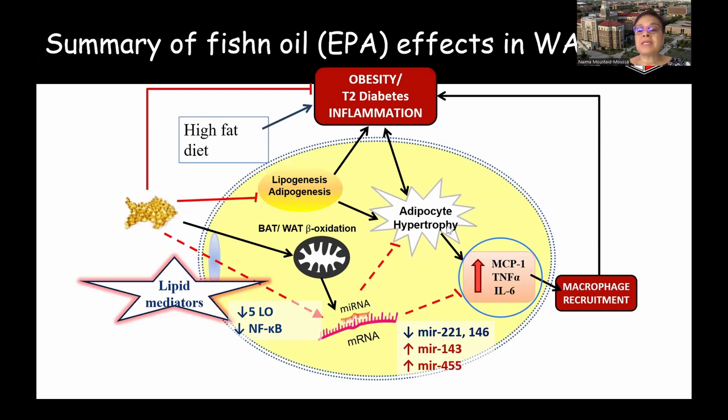That means reducing adipocyte hypertrophy. And when you do so, you have less inflammation, less recruitment of macrophages into adipose tissue, which means less circulating cytokines, and that can significantly reduce inflammation and improve insulin action. We have also identified various mechanisms, such as microRNAs, that can mediate these effects, or lipid mediators, such as leukotrienes through 5-lipoxygenase, that can also mediate the effects of fish oil in metabolic diseases.